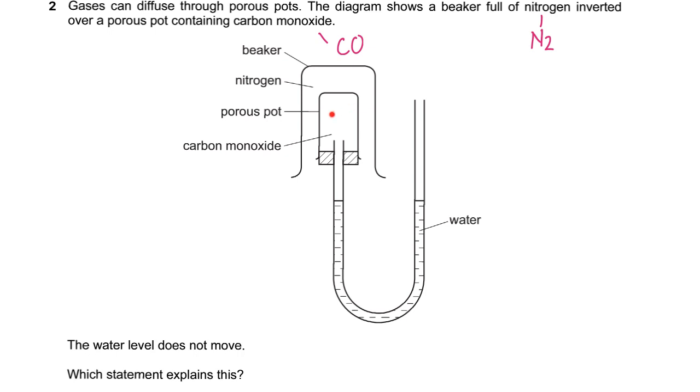There's no mention of temperature here. Both gases are at the same temperature, so that's ruled out. So if they have similar masses, that means one gas on the inside is not diffusing faster to the outside than whatever from the outside can come in, right? So that's more like a solid answer at this point.